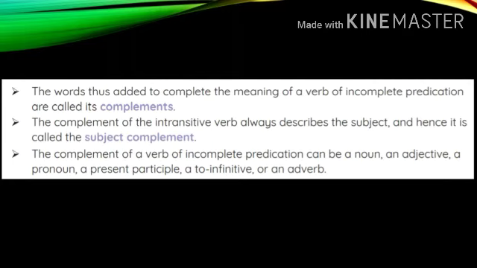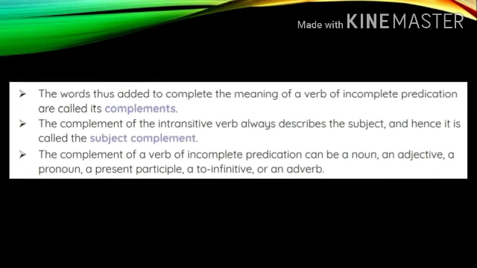These complements always describe the subject, so we call it a subject complement. Then the complement of a verb of incomplete predication can be a noun, an adjective, a pronoun, a present participle, a to-infinitive, or an adverb. So we will see about this.